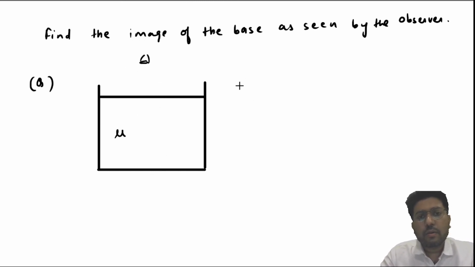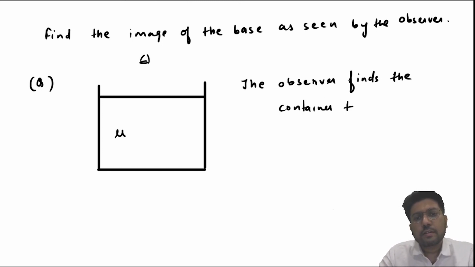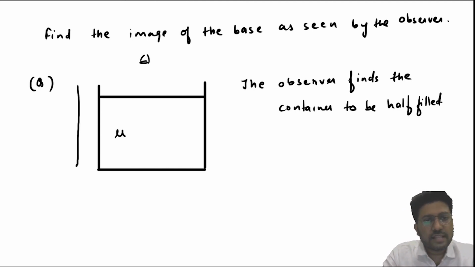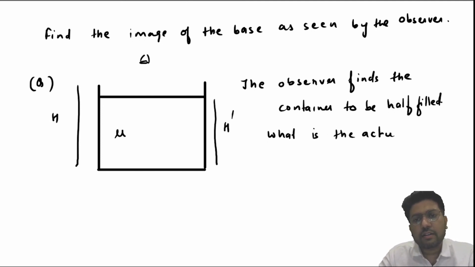Now the observer finds the container to be half filled. So suppose this height is h, then what is the actual height of the liquid? That is h dash.